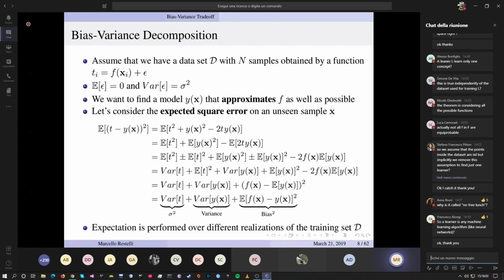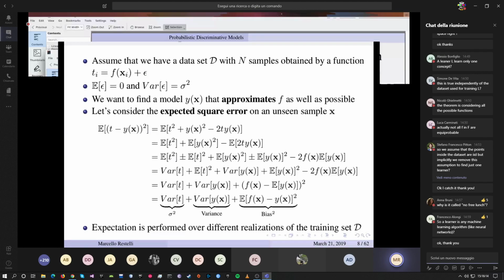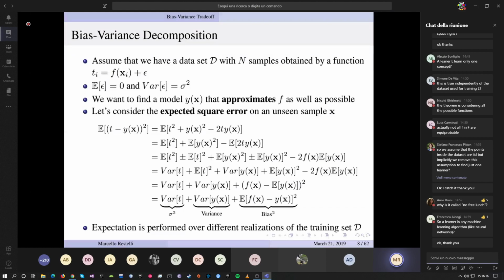The result of this is reducing the bias, but this reduction in the bias will induce an increase in the variance because you will be more sensible to the noise in the data. So this is actually the main problem. You have to try to balance both of these.